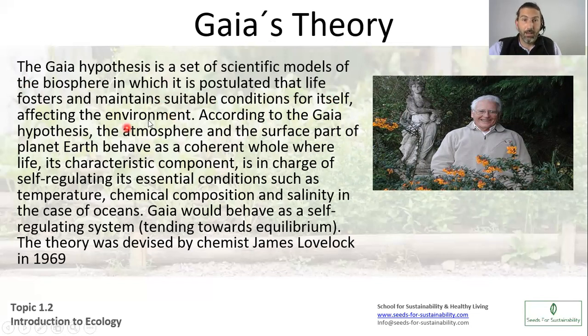According to the Gaia hypothesis, the atmosphere and the surface part of planet Earth behave as a coherent whole where life, its characteristic component, is in charge of self-regulating its essential conditions, such as temperature, chemical composition, and salinity in the case of oceans. So nature somehow is smart enough to regulate everything else.